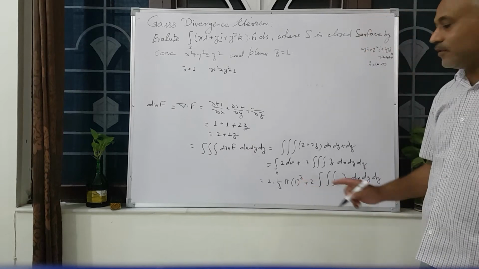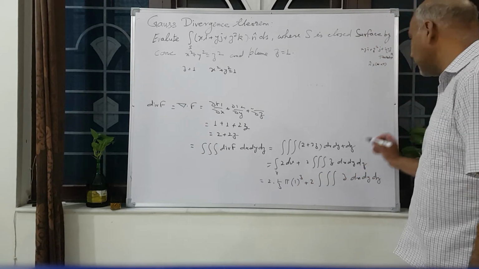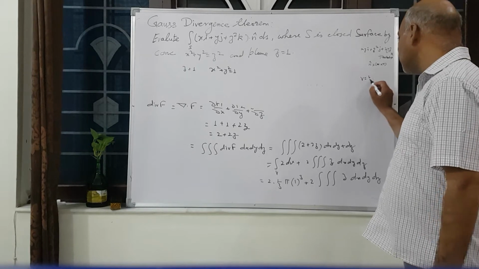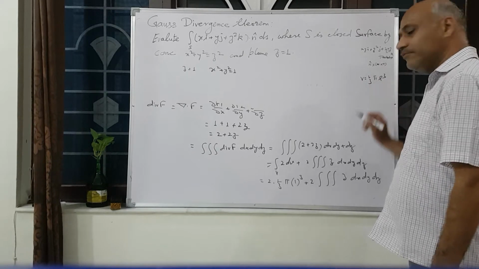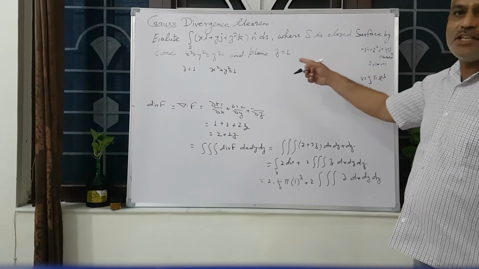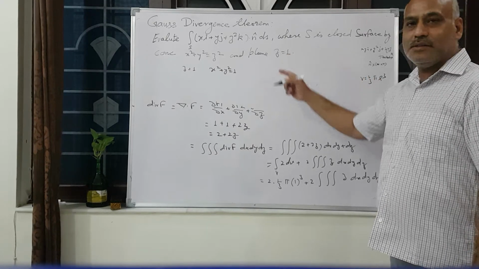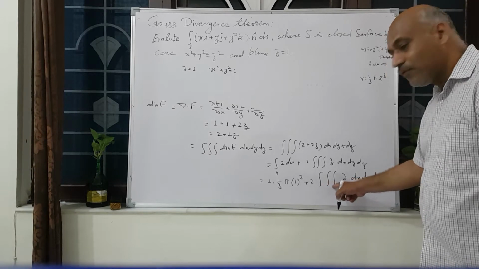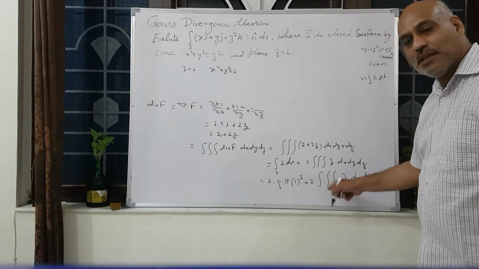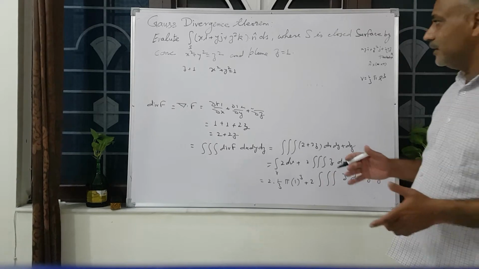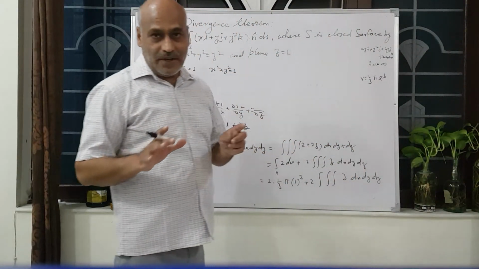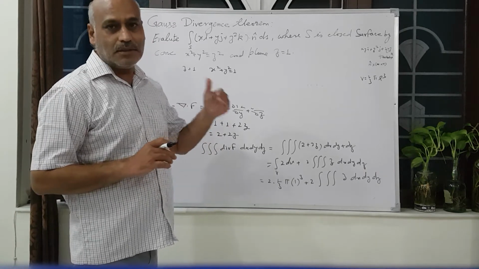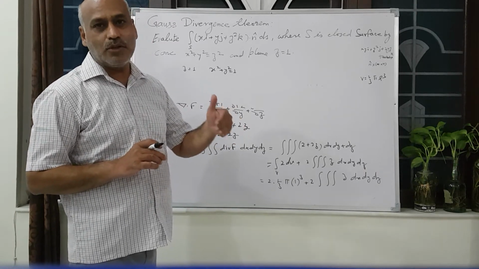Here we have put the volume, 1 upon 3 pi r square h, where h is 1. Now for dx dy dz, we put the limits of x, y, z. How can we find the limits? The limit of x is constant, a to b.